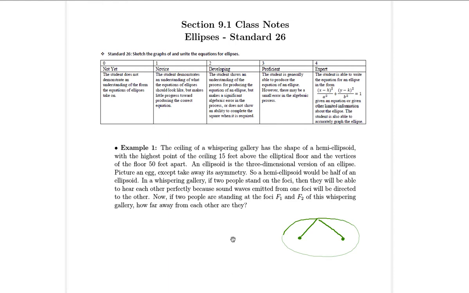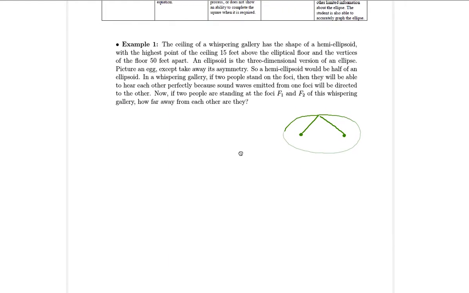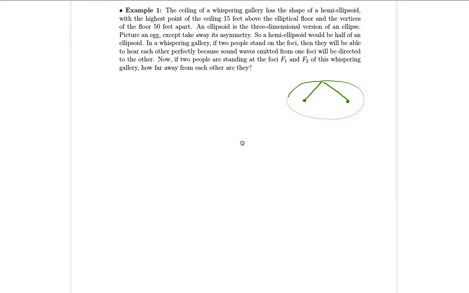So let's sketch a simple picture of this hemi-ellipsoid. We'll just do a side view of it. What I'm going to draw here is the floor, and then we'll draw the top half of an ellipse. Just imagine we're looking into this room from the side.